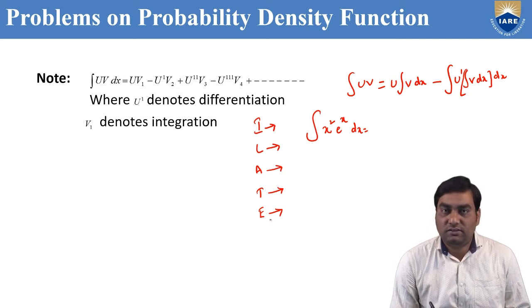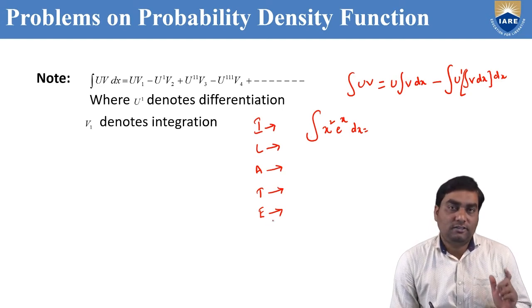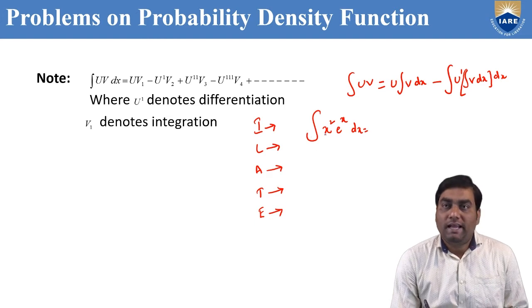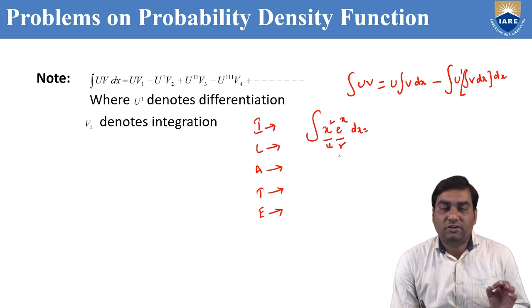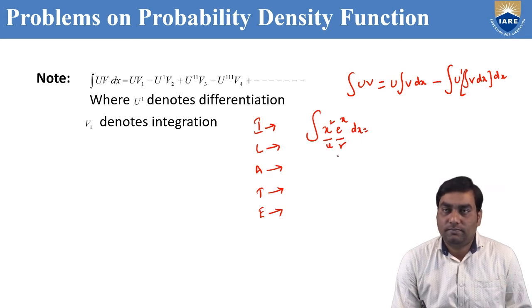Whichever comes first will be treated as u. In our problem, x square into e power x, x square is algebraic, which comes first, so this is u, because exponential is last. So the identification of u and v we do by using the ILATE method.